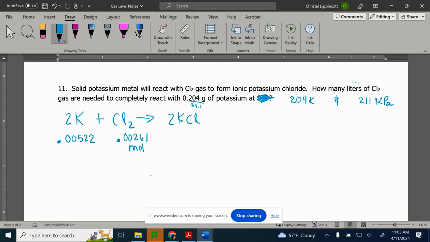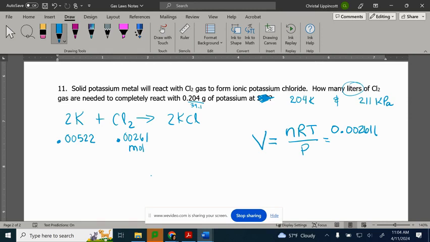I am solving for liters, so in my ideal gas law, what variable is that? V. So I'm solving for V, so that means I'm going to have nRT over P, and I'm going to start plugging things in. So my mole amount here is going to be 0.00261.